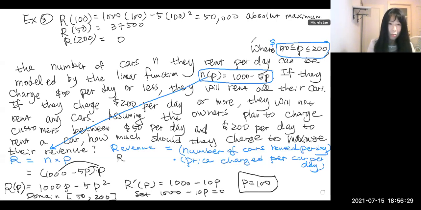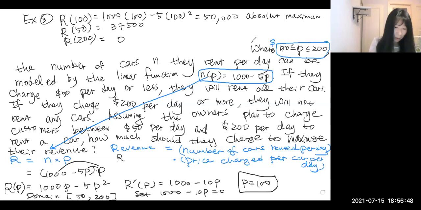Okay, so when the rental car company sets the price at $100 per day, then they make the most money in this case, right?